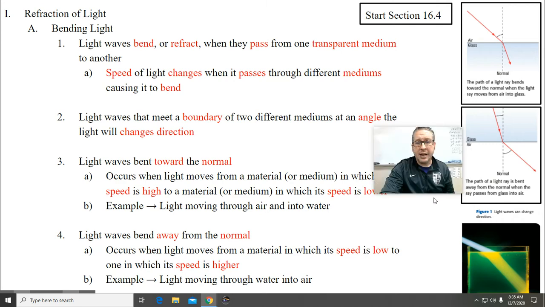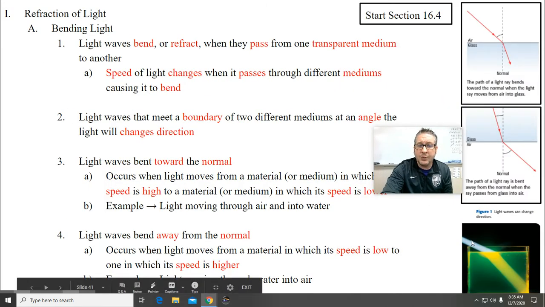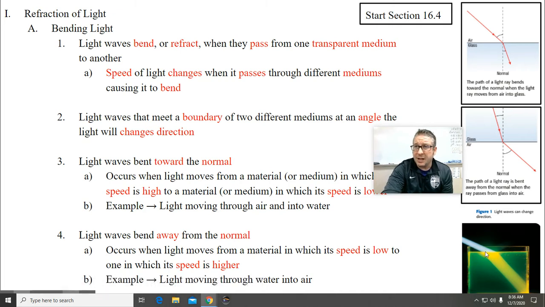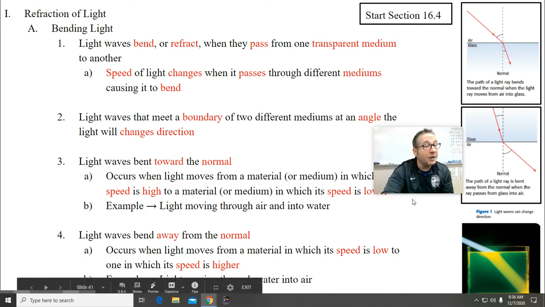So I'm going to show you here, as we see light passing at this angle through a thicker liquid, we see that the light actually begins to bend or refract downwards at a much steeper angle than it originally was.